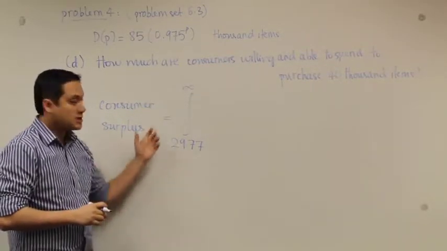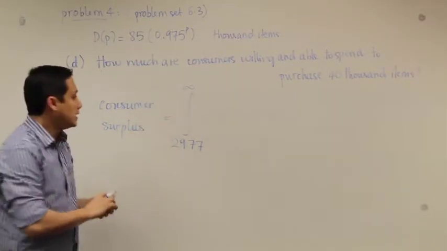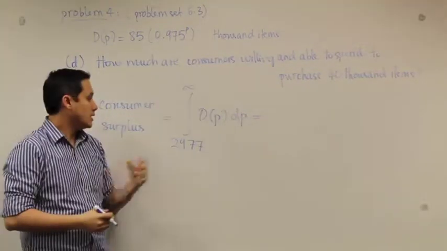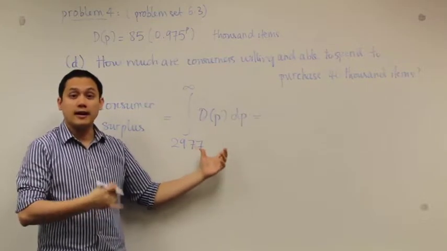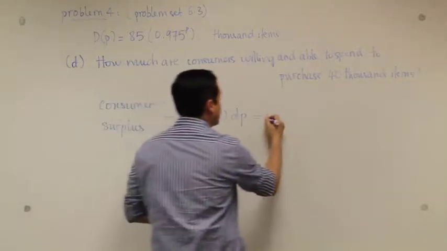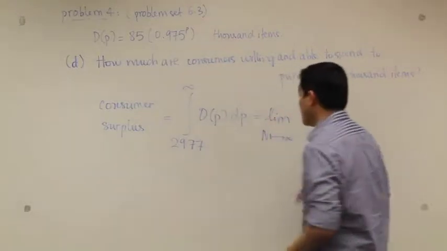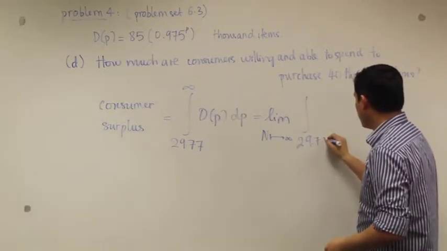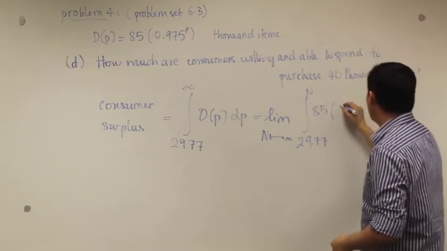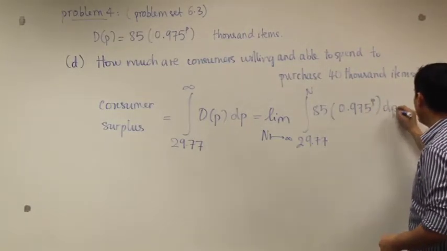So the consumer surplus equals the integral from 29.77 to infinity of the demand function, dp. This is the improper integral. You have to rewrite the improper integral in terms of limit of definite integral. That is limit as n goes to infinity of the definite integral from 29.77 to capital N of 85 times 0.975 to the power p dp.